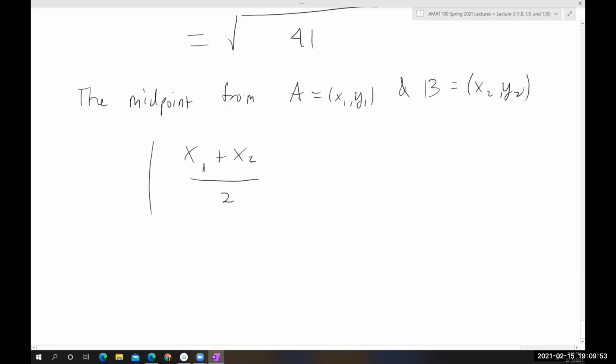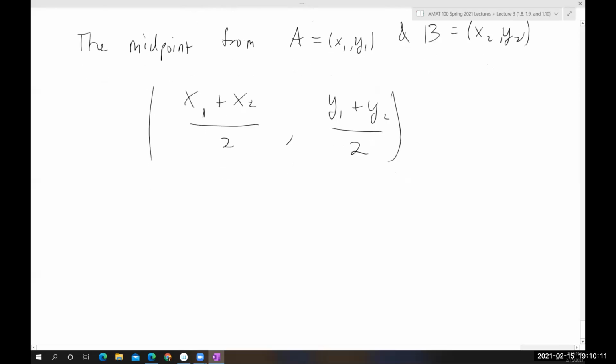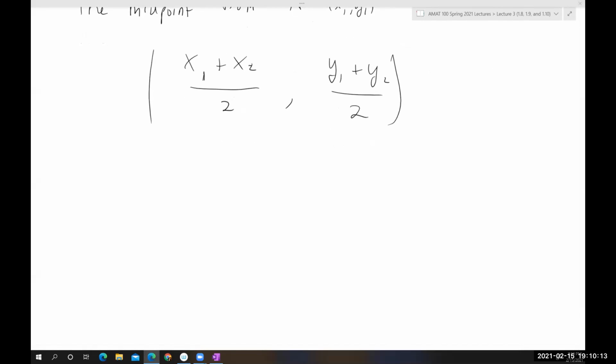You take the average of the x coordinates, so x1 plus x2 divided by 2, and then you take the average of the y coordinates, so y1 plus y2 divided by 2. There are some examples, but I'm not going to go over those. Those are pretty easy calculations. That's just a formula I wanted to write down.